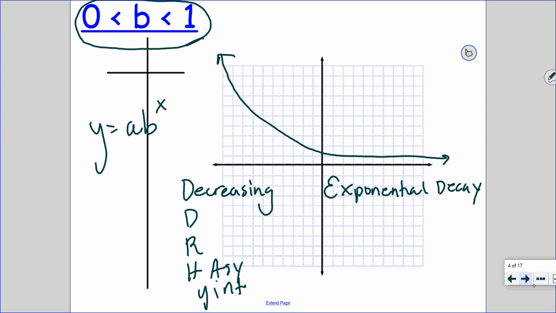Don't just go 0, 1. Let's say it's not drawn to scale. So do all of those things still hold true? So look at the domain. Is it still the same as the increasing one? Look at the range. Look at the horizontal asymptote. Look at the y-intercept.